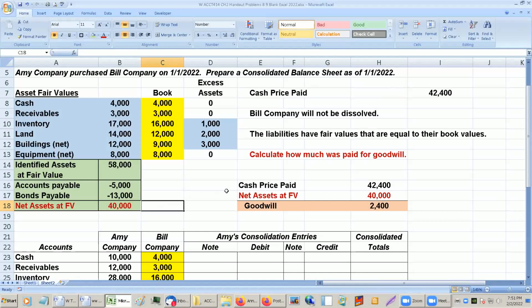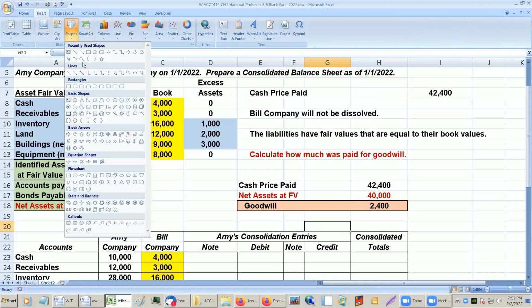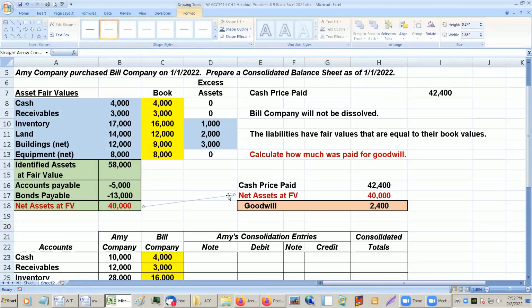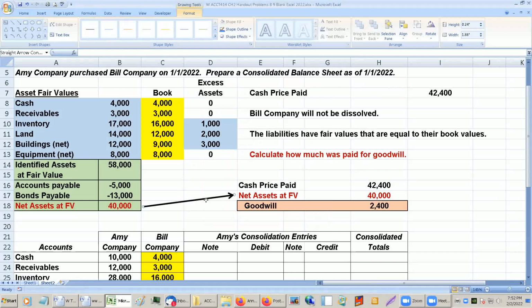We didn't pay 40,000, we paid 42,400. So this extra must have been for goodwill. I don't know why it does this. It makes these lines so faint that you can't see them. This is from up here.